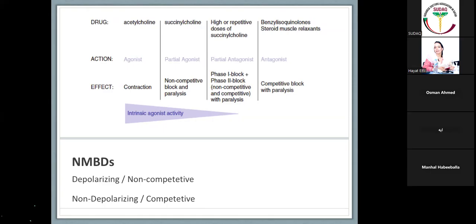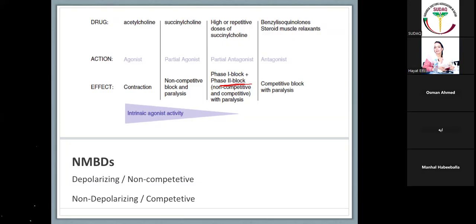I mentioned phase 2 block here because the phase 2 characteristics will be different from the basic succinylcholine action, and it will approximate more towards the competitive block of the depolarizing muscle relaxant. Okay, so from here we agree that we have a group of drugs, which we call muscle relaxants or neuromuscular blocking drugs, and we divide them into two main groups, depolarizing and non-depolarizing.